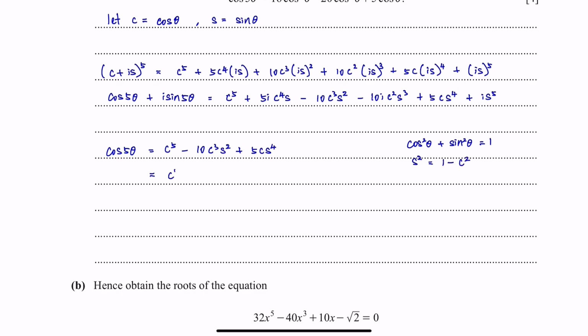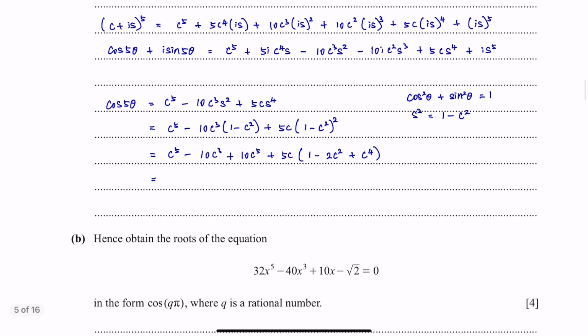So now we would have c to the 5 minus 10c cubed times 1 minus c squared plus 5c times 1 minus c squared the whole thing. And we would get c to the 5 minus 10c cubed plus 10c to the 5 plus 5c times 1 minus 2c squared plus c to the 4.